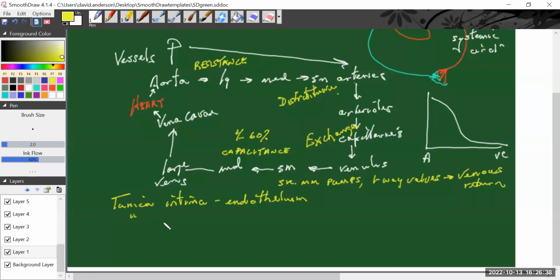The tunica media is smooth muscle, and the tunica adventitia, or sometimes you'll see it as an externa, is mostly connective tissue. It's about protecting the rest of the blood vessel.